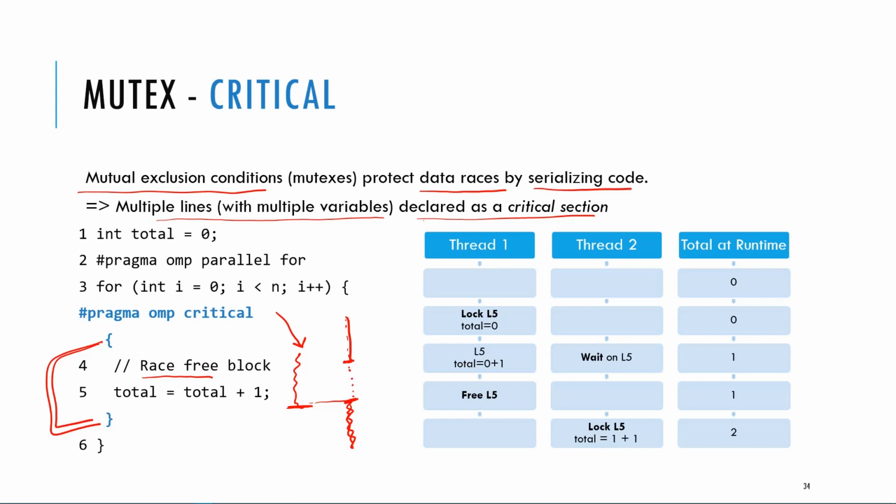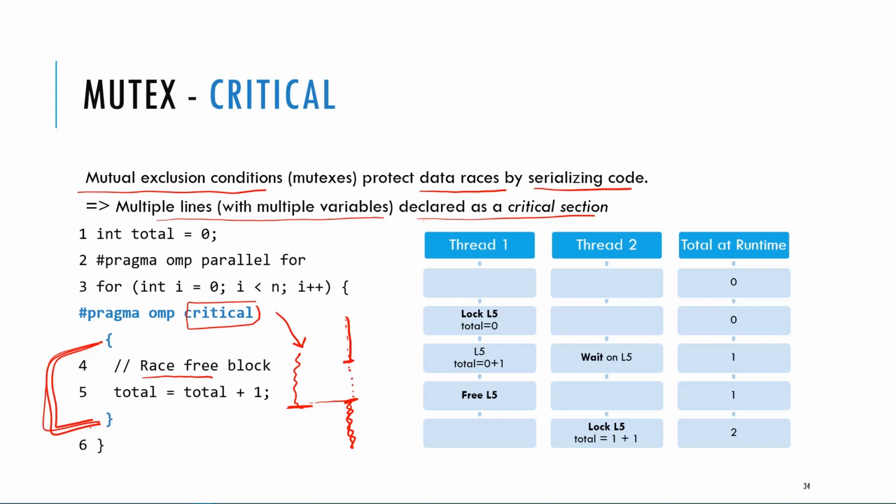This can be done using the critical keyword and braces to delimit that zone, because it's not recommended to make a very large zone of your code critical; otherwise this large block of code would run sequentially and you will lose the benefit of your parallelization.